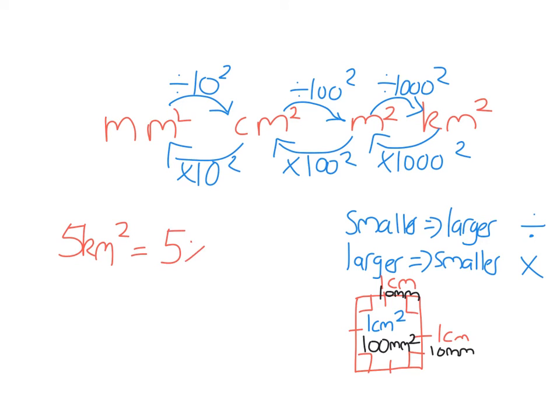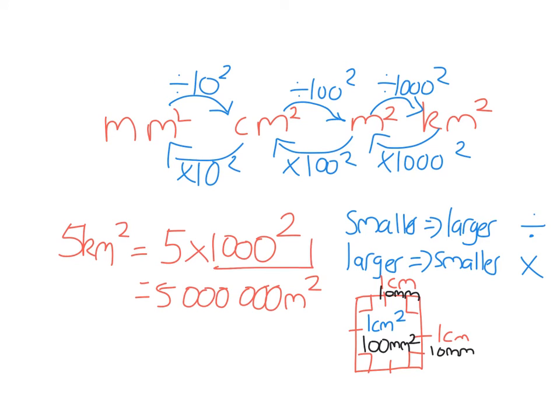It would be 5 times 1,000 squared, or 5 million meters squared. There are 5,000 meters in 5 kilometers, but there are 5 million square meters in 5 square kilometers. I had to square the conversion factor here because we're talking square units.